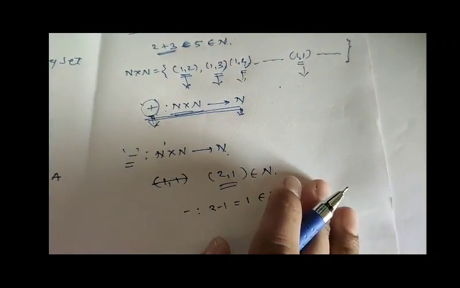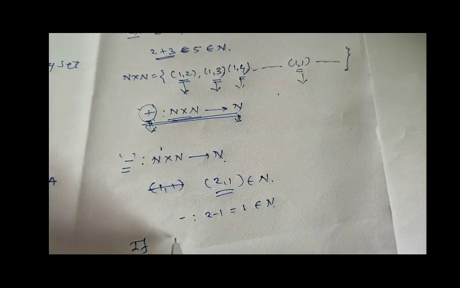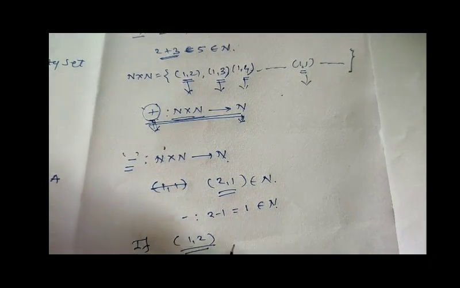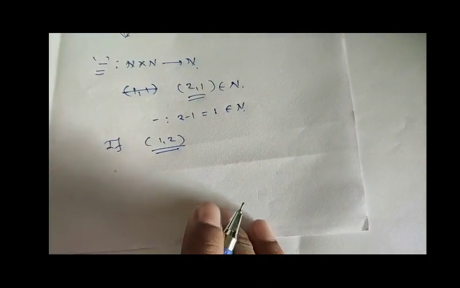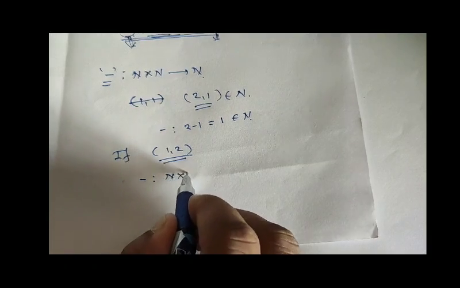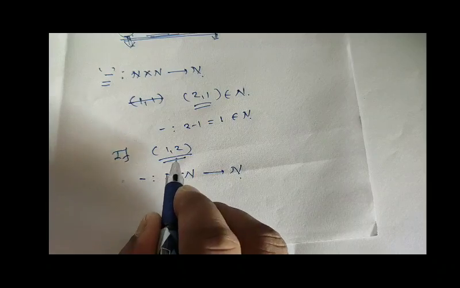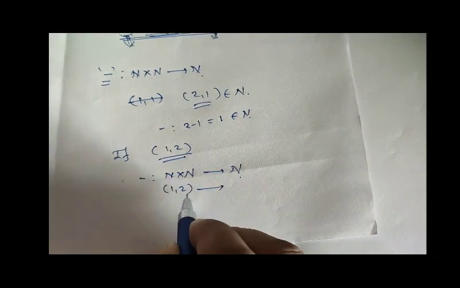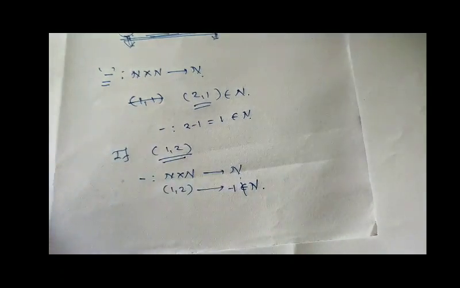No problem. But if I choose the ordered pair 1, 2, then in this case the ordered pair is 1, 2, but their difference is minus 1, which does not belong to N.